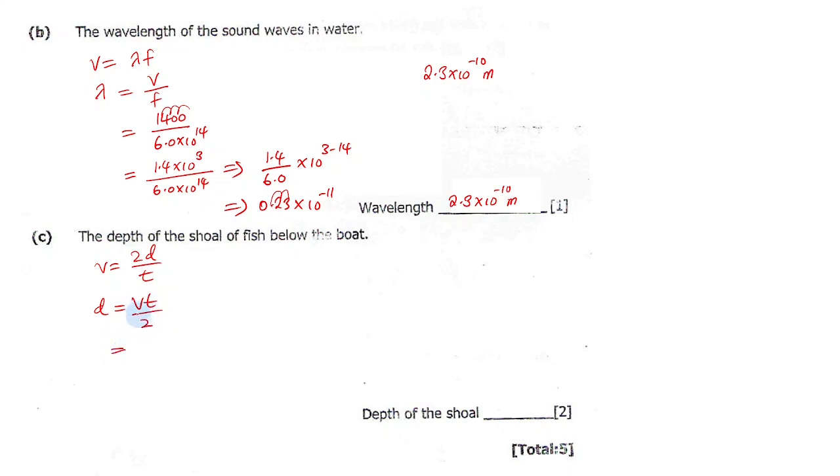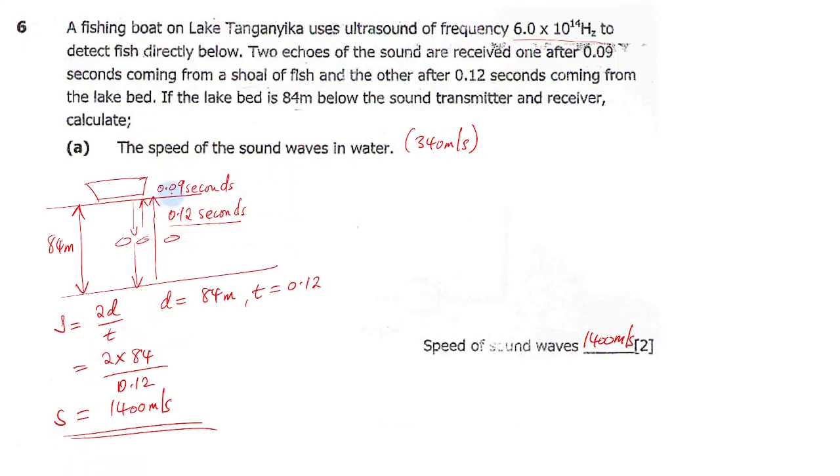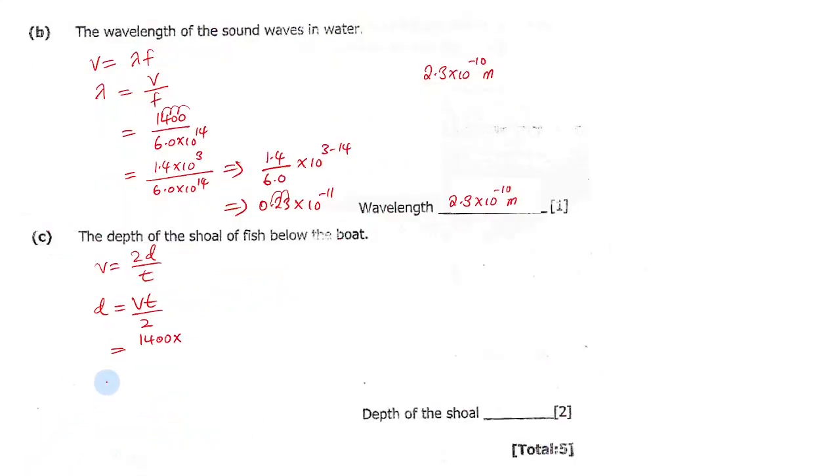We have already found the speed of sound in water, which is 1,400, times the time. We'll use this time here, 0.09, the time it took for the wave to come from the fish, divided by 2.